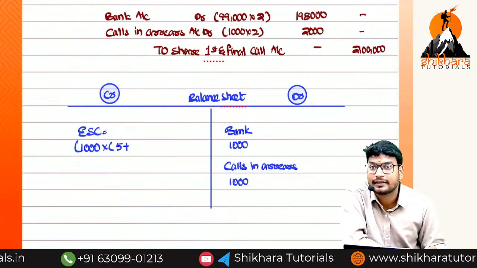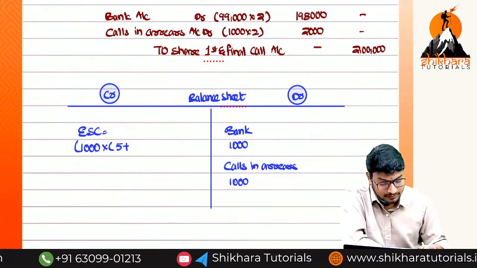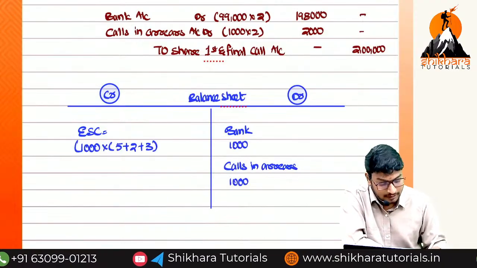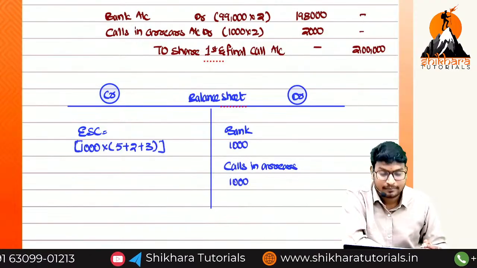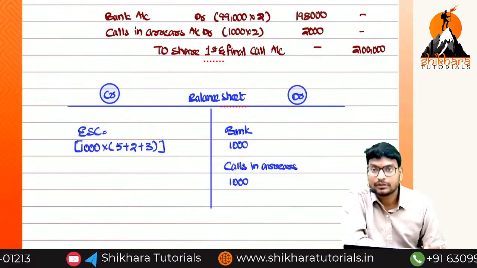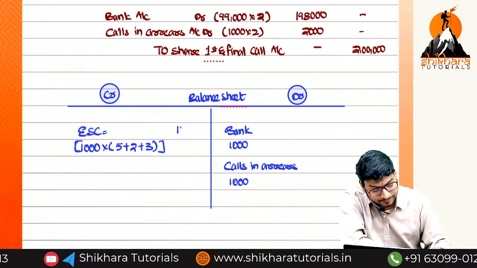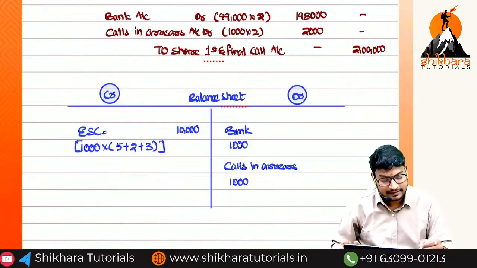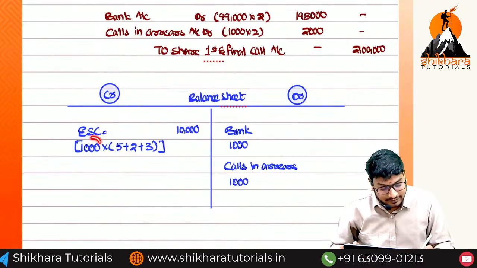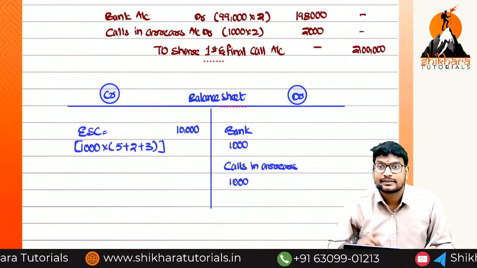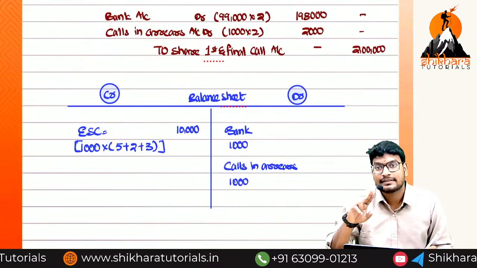Imagine the entries. How much, ma? 2. And what is the third one? 3. All the amount we have credited. What is the balance of equity share capital available, ma? So 10 into 1000, that is equal to how much, ma? 10,000. Guys, are you getting it or not? What I am saying is, how many shares we are going to forfeit? 1000. Okay, na? Imagine the second journal entry. What is the second journal entry, ma?